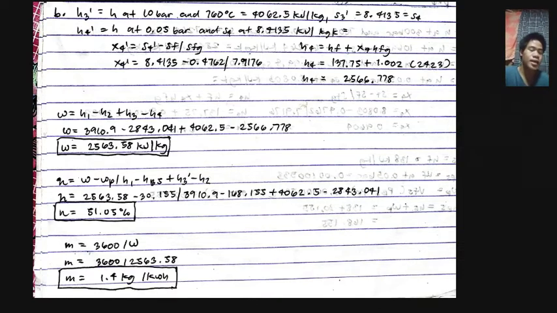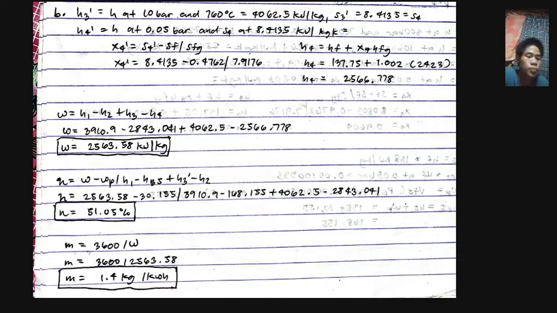Next, N equals W minus WP over H1 minus HB5 plus H3 minus H2.